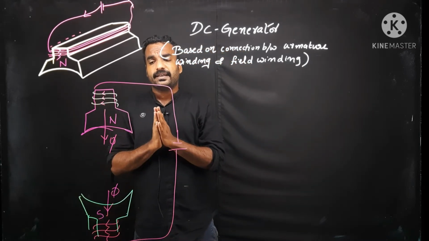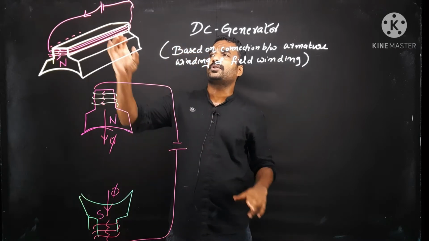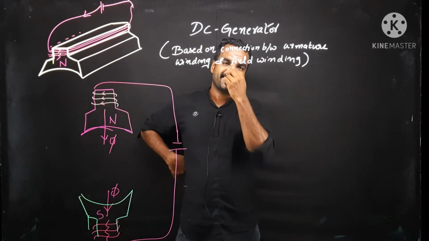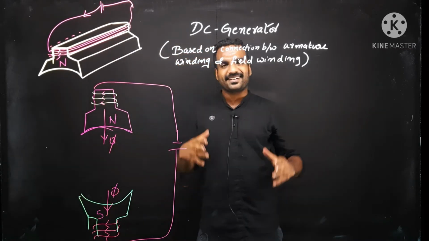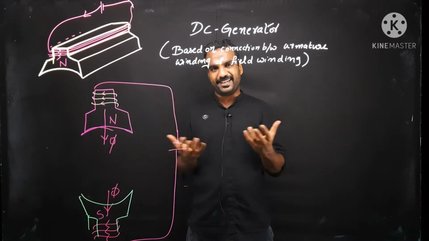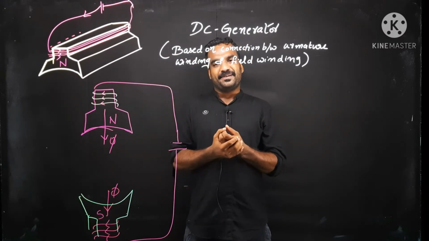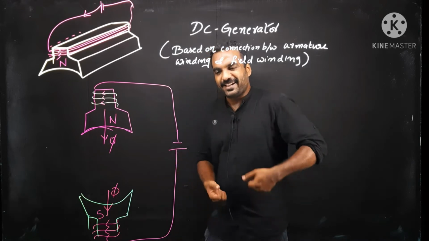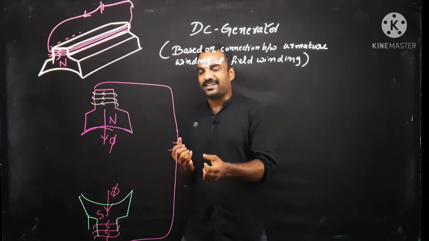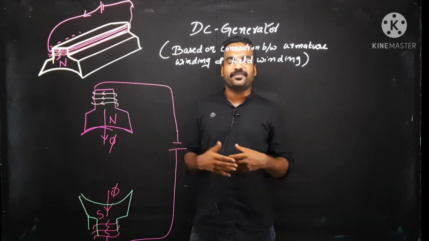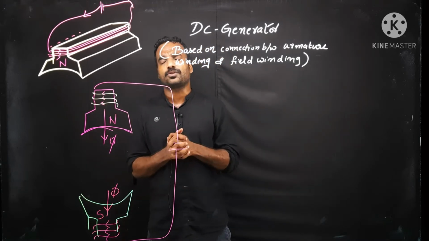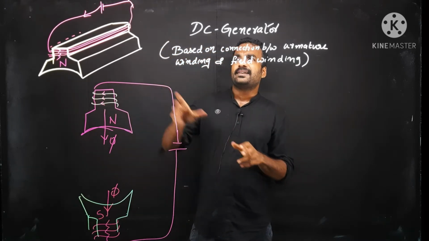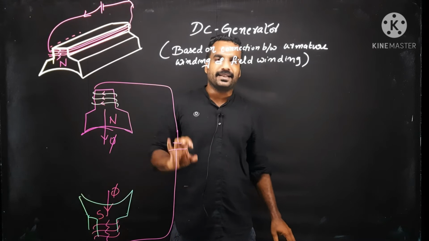But is it always possible to connect a battery inside a generator? No, because generator itself is a source of generating EMF. And can we carry a battery to the generator and supply that to the field winding instantaneously? That's not possible. So we are not connecting a DC source.